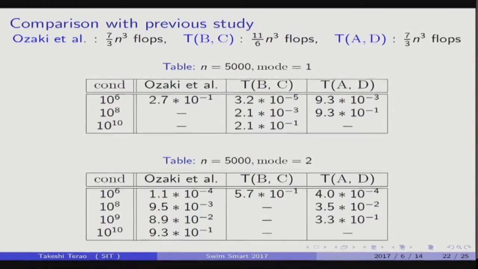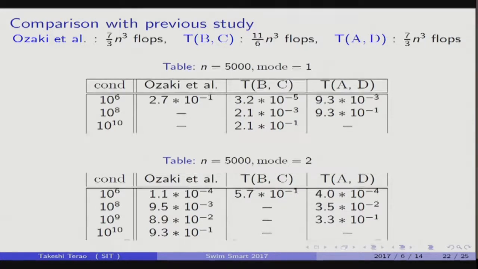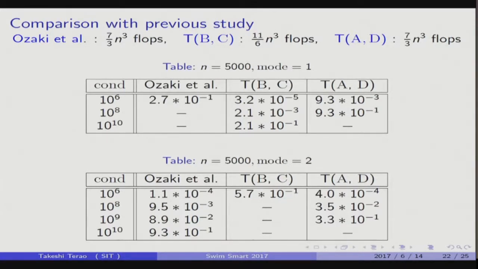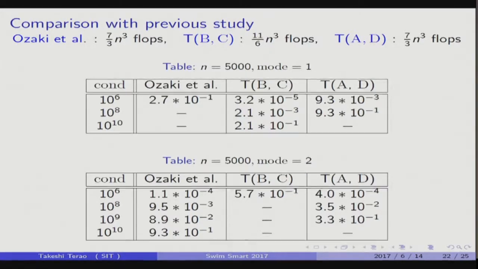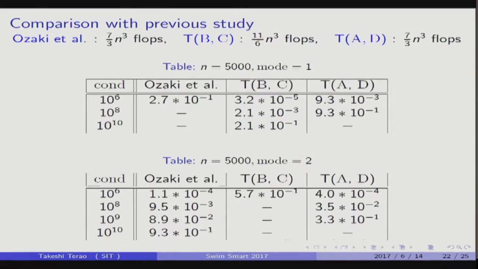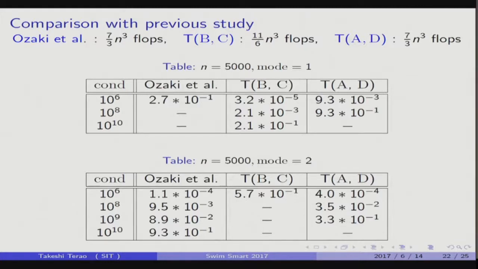When mode is 1, method TBC is better compared to the Ozaki method, because the computational cost of our method is smaller than the Ozaki et al. method. However, when mode is 2, the Ozaki et al. method can obtain better upper bounds.